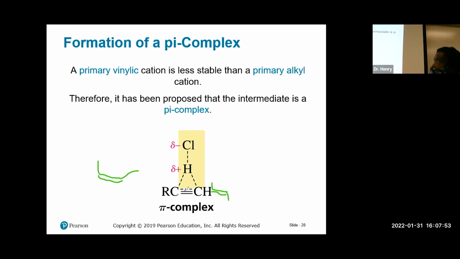Now, we know the cation is going to be positively charged. So instead of forming a truly positively charged compound, it's going to form this pi complex, where it's interacting by that partial charge.